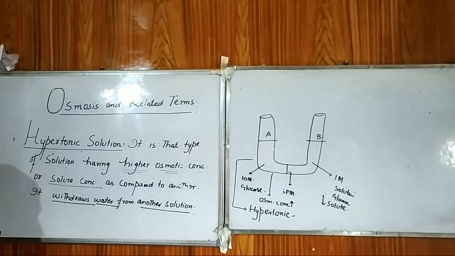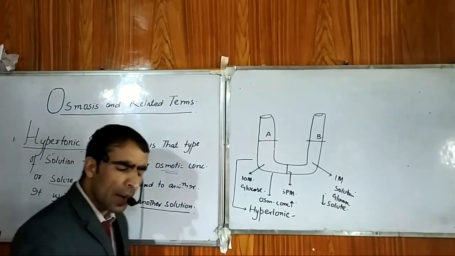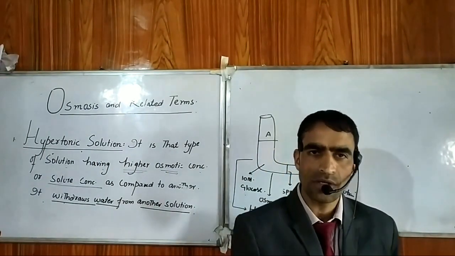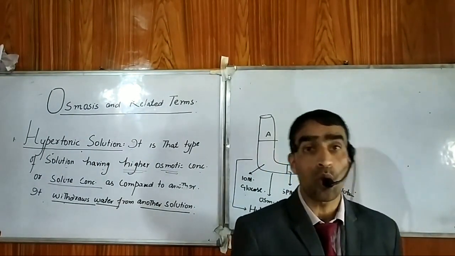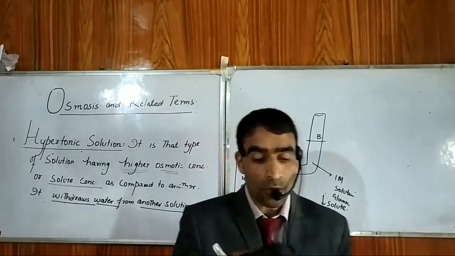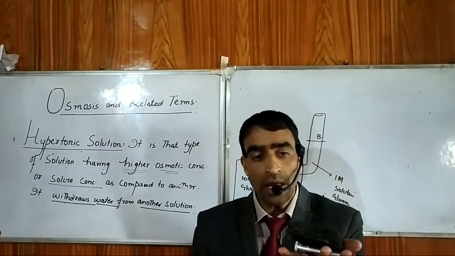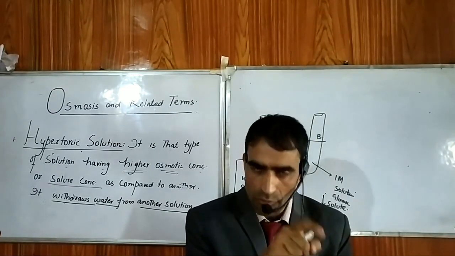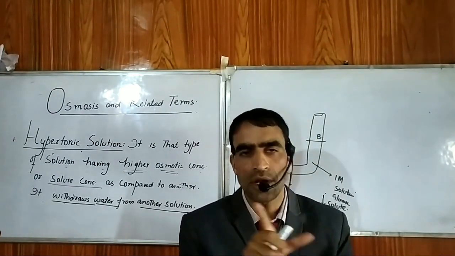But I will tell you one more important point. Suppose you have a hypertonic solution, and you have added a plant cell within this hypertonic solution. What could be the result? Sir, if I have placed a cell in a hypertonic solution, will water enter this cell, or will it lose the water?